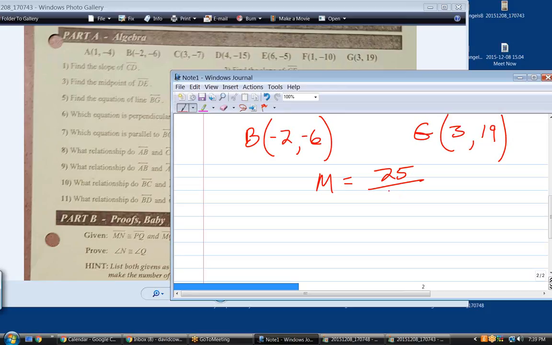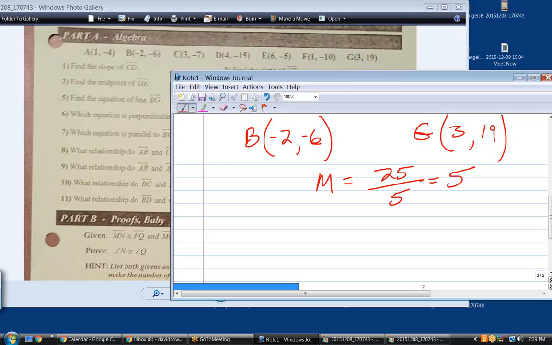Don't drop negative signs because it matters. In other words, if I drop that negative sign, I get 1. But if I don't drop it, if I really put in 3 minus a -2 like I'm supposed to, it turns into 5. So my slope is 5.